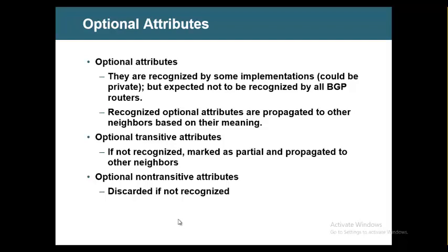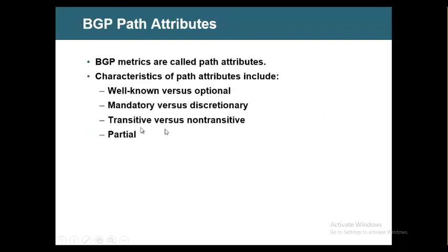When I receive an update, if the optional attribute is not recognized, I still accept that update. But you need to mark the update as partial. Hope you got the meaning of why they put partial at the last after transitive, non-transitive.